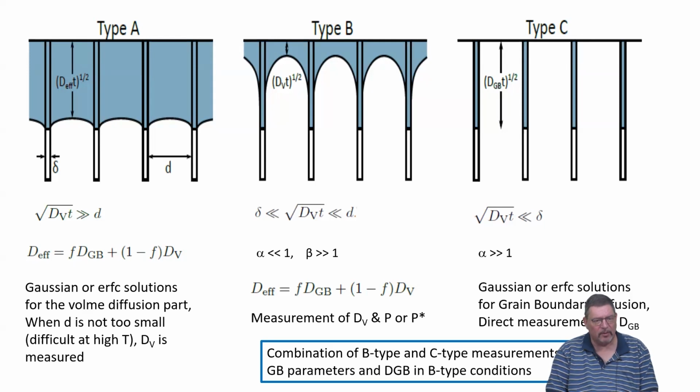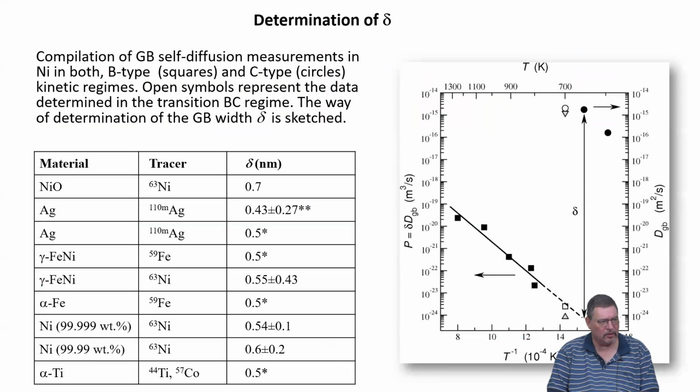It's actually the most complex, but also the most valuable regime, this B-type regime, because in one measurement you measure grain boundary as well as volume diffusivity, and you can also use it to determine grain boundary thickness. Because what you measure is the triple product. So if you know the segregation factor and you measure the diffusivity, you can infer this delta, the grain boundary width, from it.